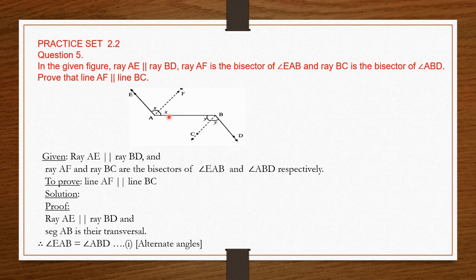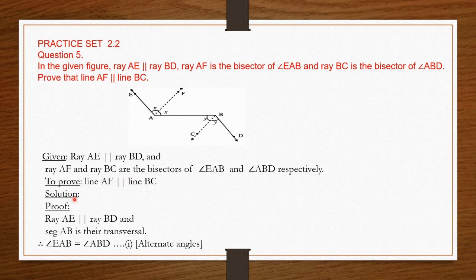First you have to write what is given. Ray AE parallel to ray BD, and ray AF and ray BC are the bisectors of angle EAB and angle ABD respectively. To prove: line AF parallel to line BC. And then write the solution.